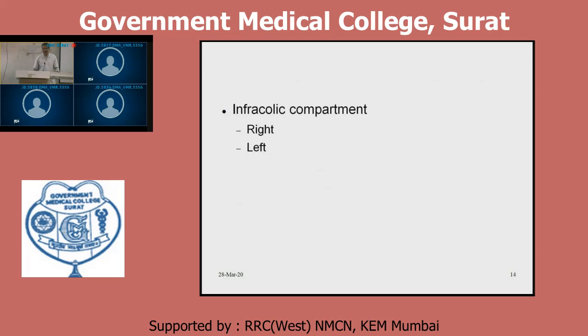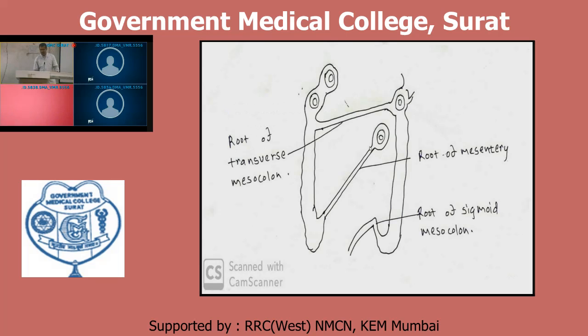Above, the right space is triangular, limited above by the attachment of the root of the transverse mesocolon, on the right side by the ascending colon, and on the left side by the root of the mesentery. The apex lies below. Now the left space is again slightly triangular, but its boundaries are the root of the mesentery on the right side and the descending colon on the left side. These are the right and left infracolic compartments.